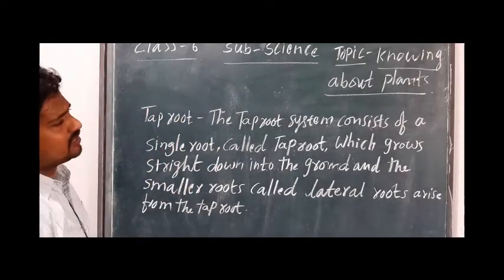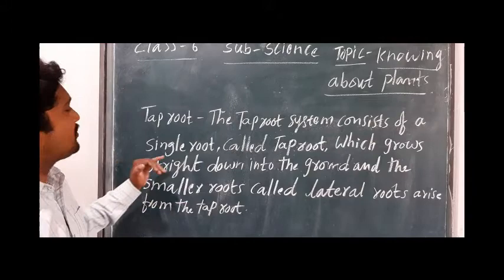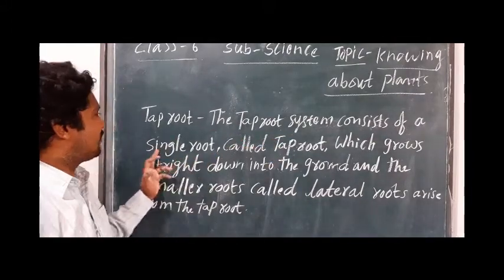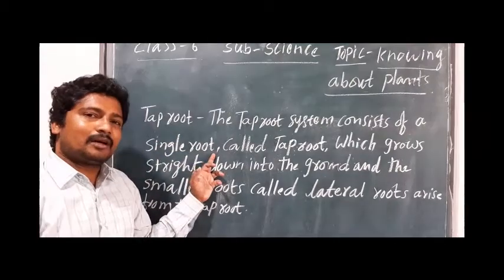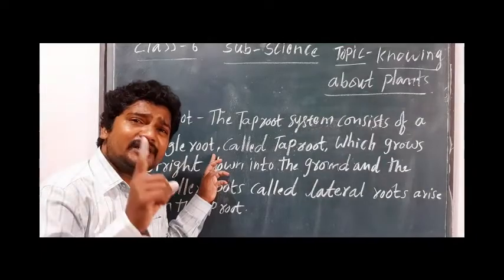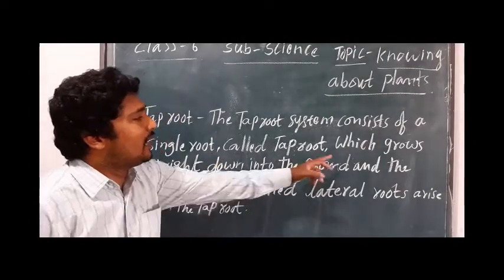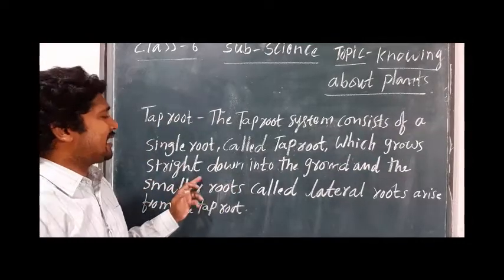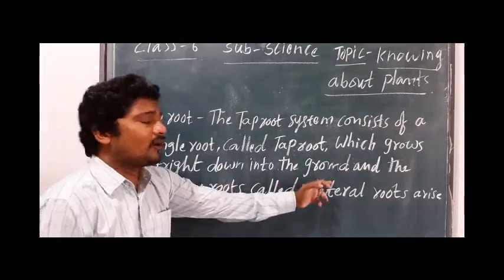The tap root system consists of a single root. Only one main root is present. Am I clear?